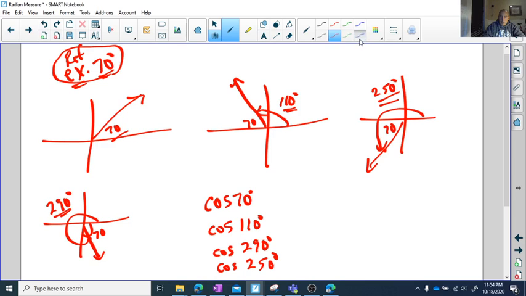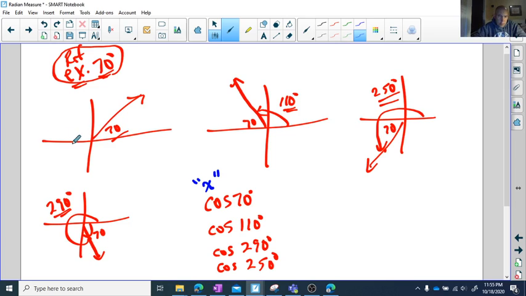Before we go through, let's make a prediction. I think, and I know, you are going to know, hopefully, 2 of these 4 are going to be negative. Tell me which 2 you think are going to be negative. Now remember, we're doing cosine, which is associated with the x-coordinate, because cosine is the x over the r. All right, so we're saying where are the x values on a graph negative?